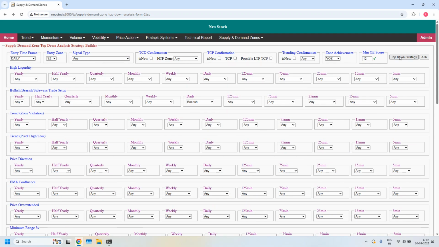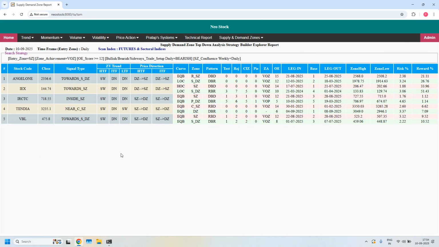Applying on the 5 stocks, we got all the 5 stocks. That means in all the 5 stocks, these daily supply zones are overlapped with weekly supply zone. And weekly trend, ITF trend, is a downtrend in all the stocks.